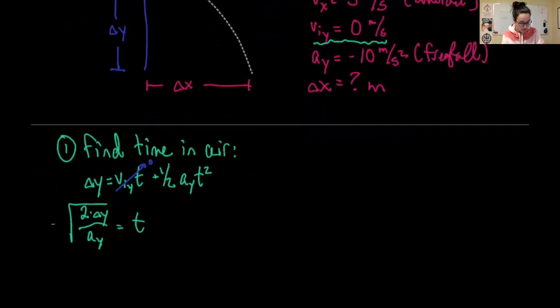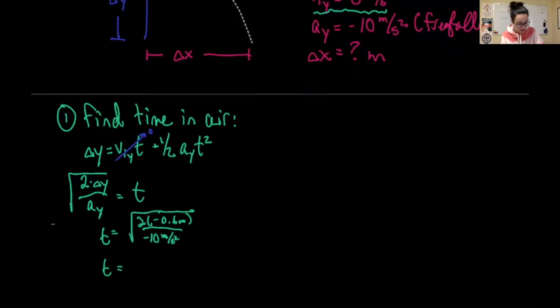And then we can plug in. Oops, we're using 10. Okay, so we see that the time in the air, the square root of 2 times 0.6 divided by 10, is 0.34.